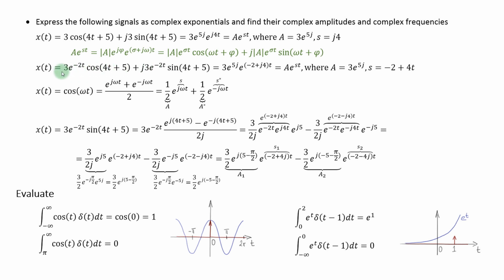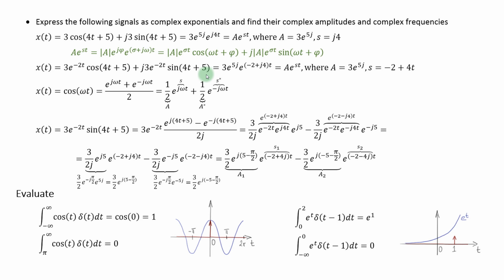Okay, now this problem. This expression is actually almost the same as this one, except I have added this real exponential here. Whilst I had cosine and sine here, I have a damped cosine and damped sine here.